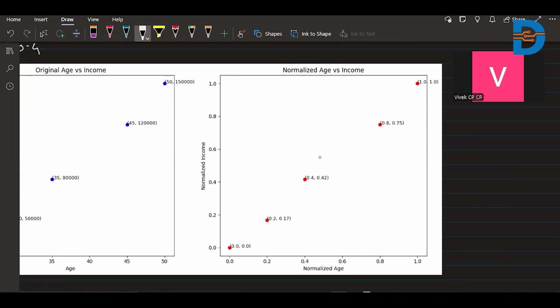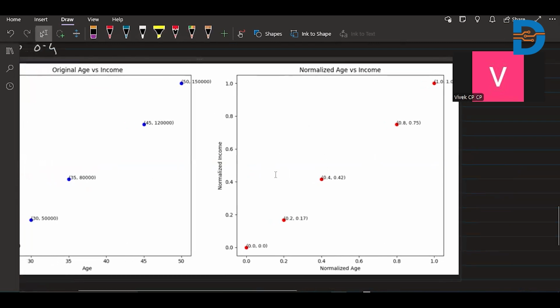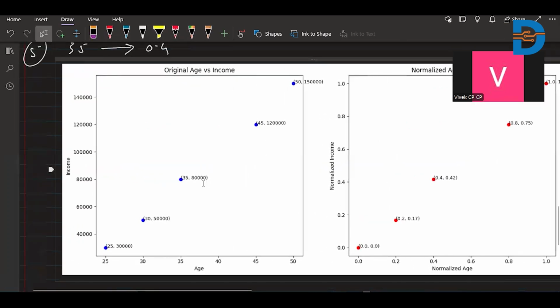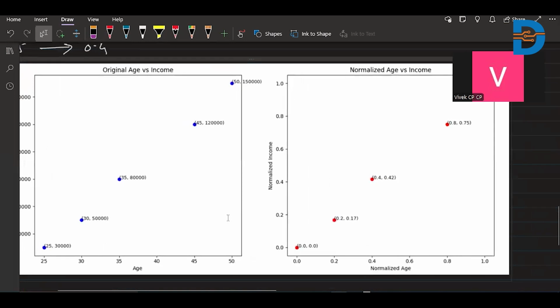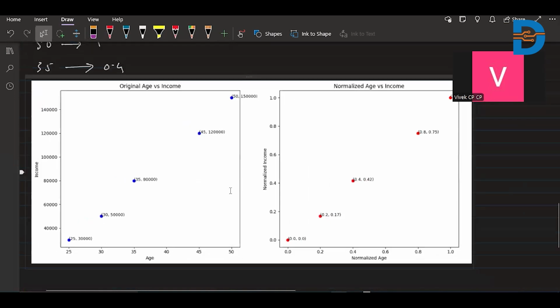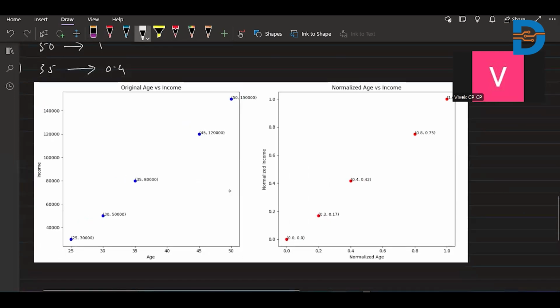So you would say that this 0.17, 0.42, 0.75, these are the corresponding scaled values to 120,000, 80,000, 50,000, and so on. Just a moment, let me zoom it out. You would be able to see that the relationship between the features over here is preserved well. The same way the age is getting scaled down, your income is getting scaled down the same way. So the relationship between the features over here is going to stay intact.